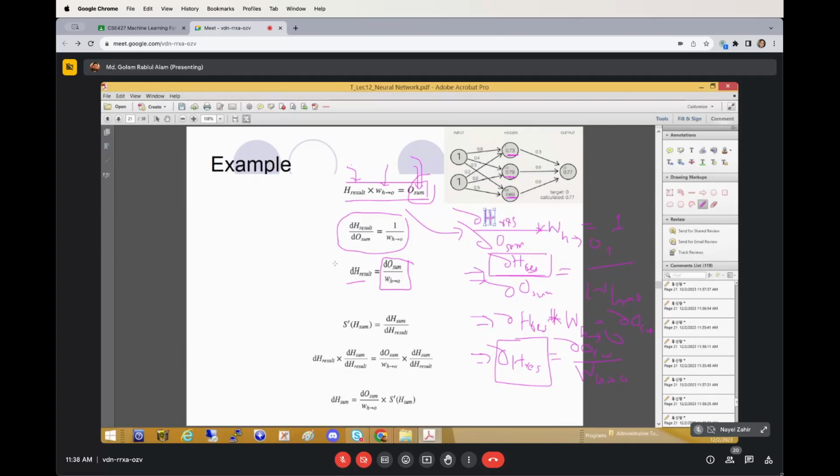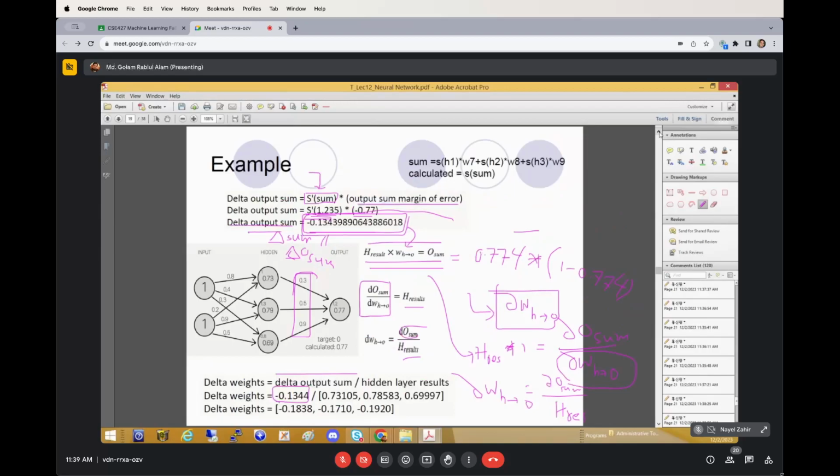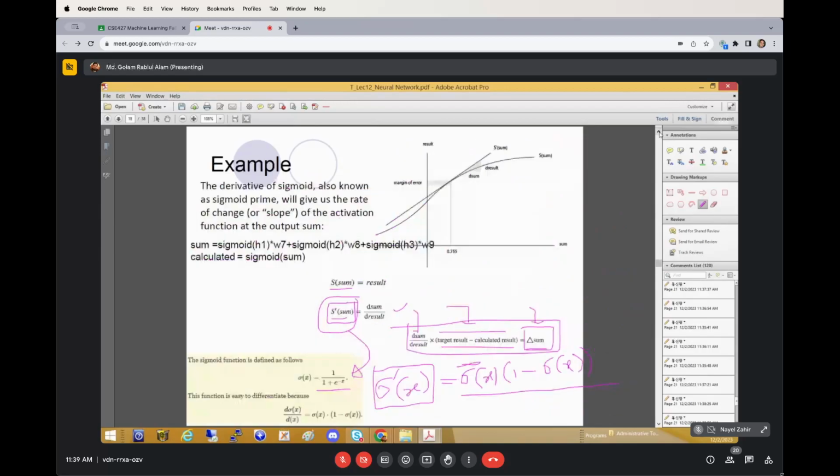We can consider this as equation number 1. Now we have one equation already, the one we used previously: sigmoid of the sum equals result.